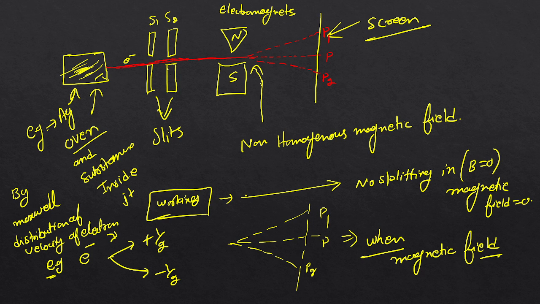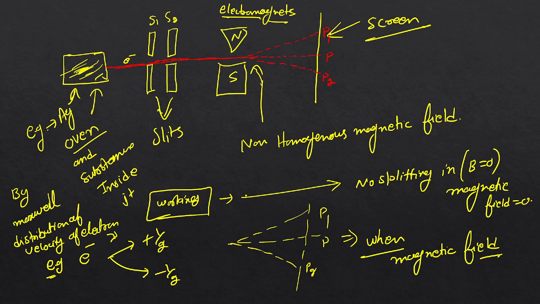It passes through slits, because it wants to make the whole beam coherent, in a streamline flow, in a very accurate and focused manner.